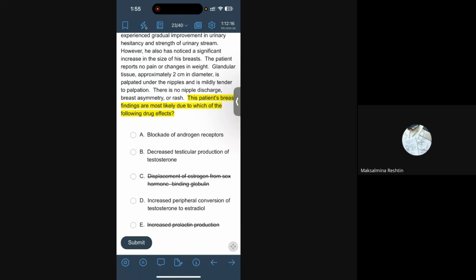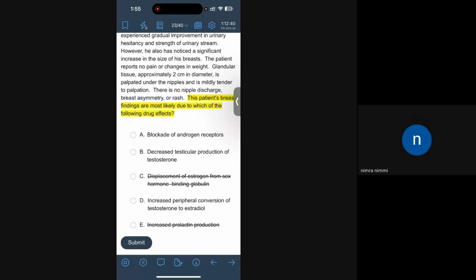I have just told you that gynecomastia develops due to increased estrogen as compared to testosterone. Do you know what drugs are used in benign prostatic hyperplasia? Finasteride, a 5-alpha reductase inhibitor. Does finasteride block the androgen receptors?